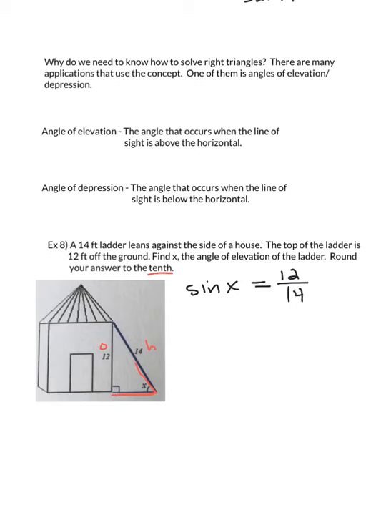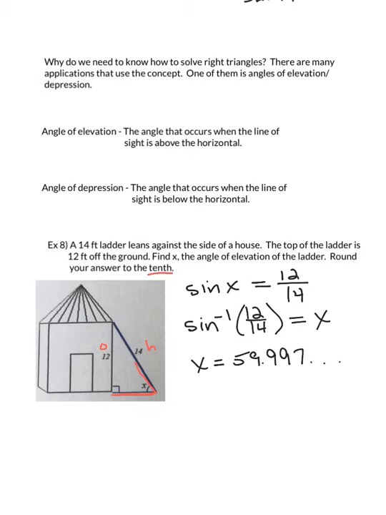Anytime you are looking for the angle, you have to use the inverse function. So we are going to do the sine inverse of 12 over 14 has to equal x. If you do this on your calculator, you will get x equals 59.997, and that keeps going.